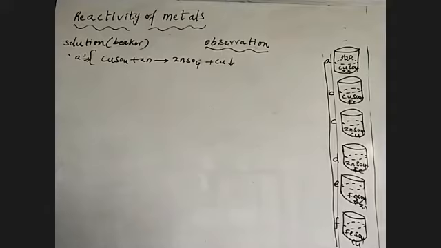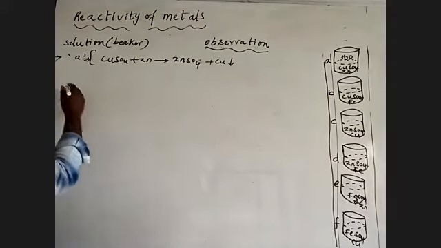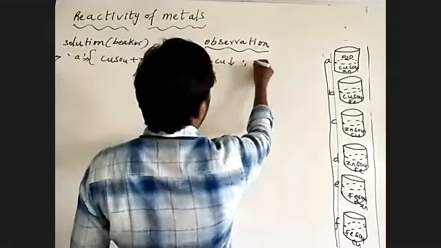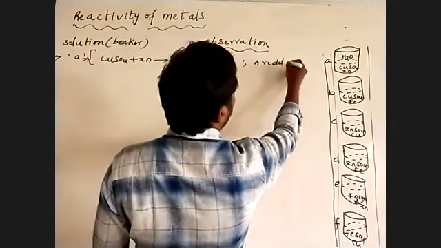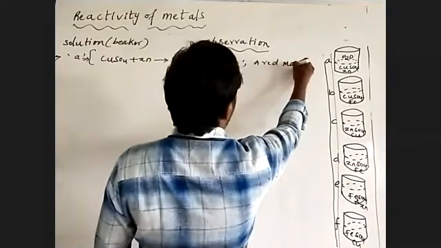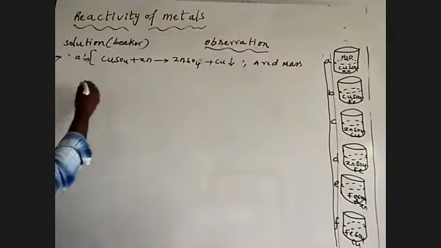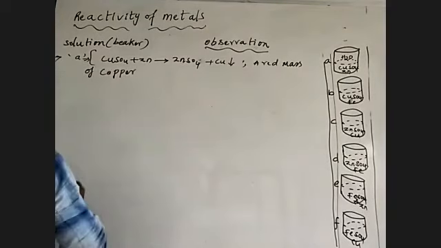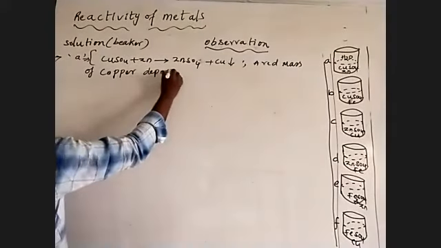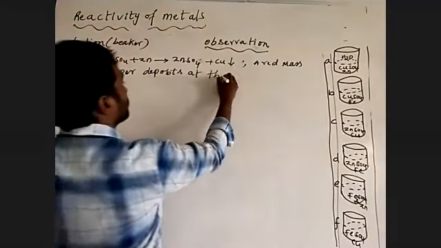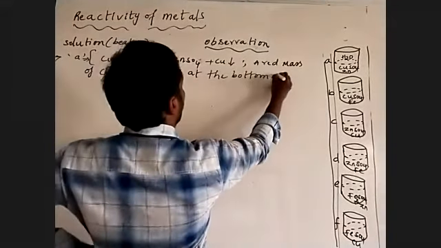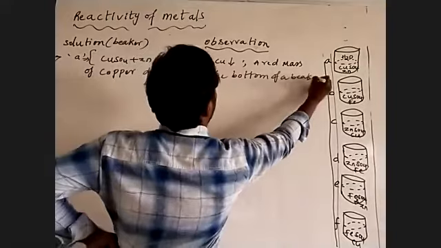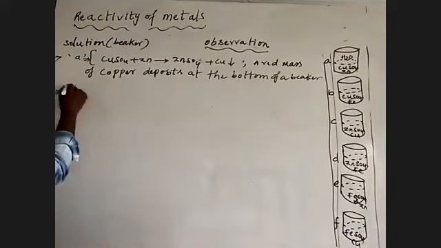See here what we discussed: a red colored mass of copper deposited at the bottom of the beaker.